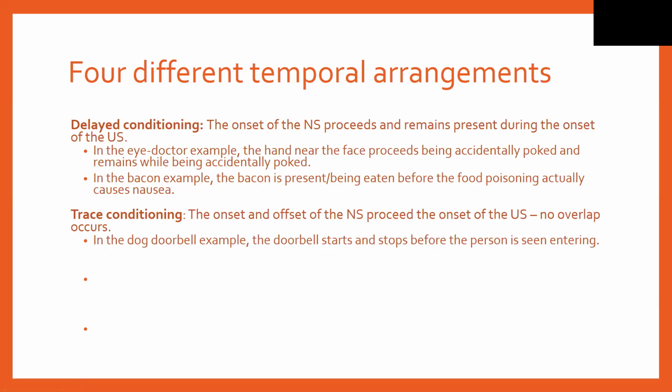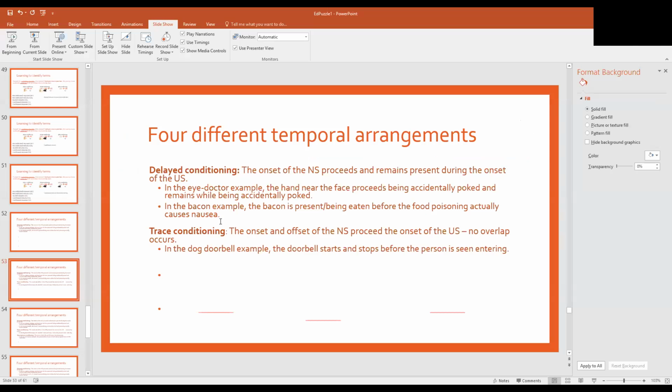Look at trace conditioning. The onset and offset of the neutral stimulus precede the onset of the unconditioned stimulus. No overlap occurs. And so this example, which is why I paused at it up here, I'm going to move it down below just a little.